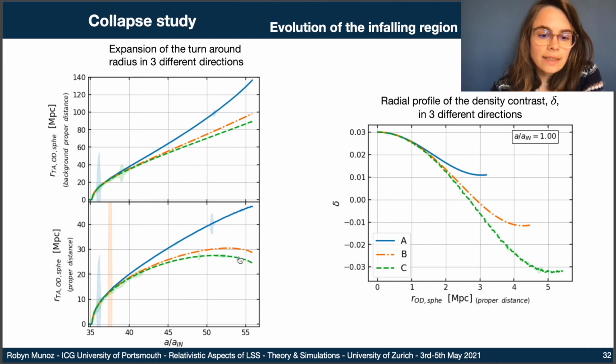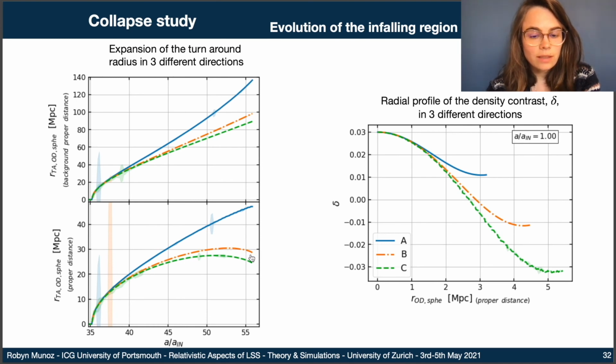And you can see that in the directions that go through an underdense region of space, the radius stops expanding and decreases. So the infall region has nothing more to accumulate in this direction, and so stops expanding and then goes down. So that's an interesting feature.